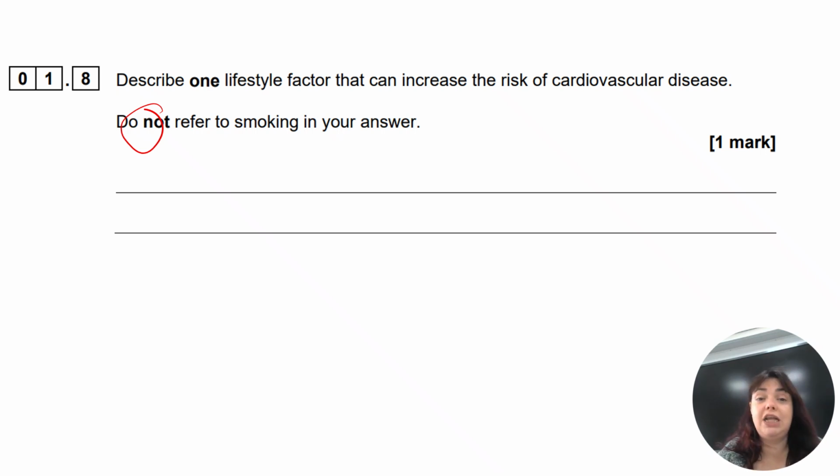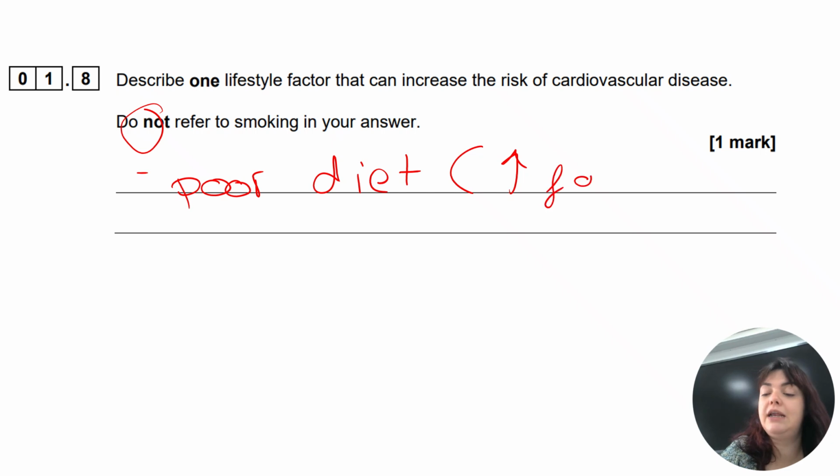However, what I would like you to do is add to your notes as we're going through this that you need to make sure that you are writing things like high cholesterol and high fat in the diet. So first thing is poor diet. Okay, so we're looking for high in fat or cholesterol.